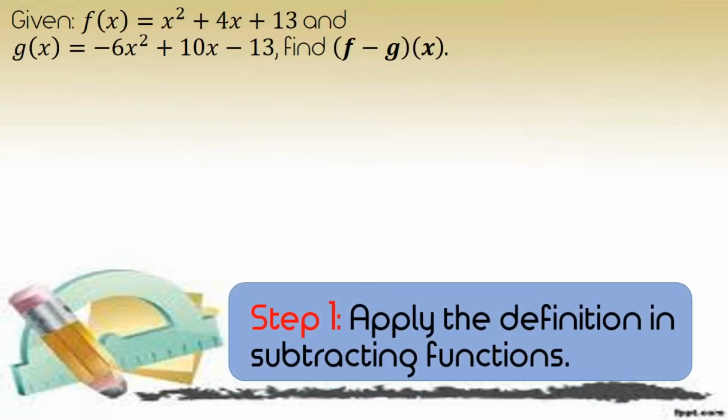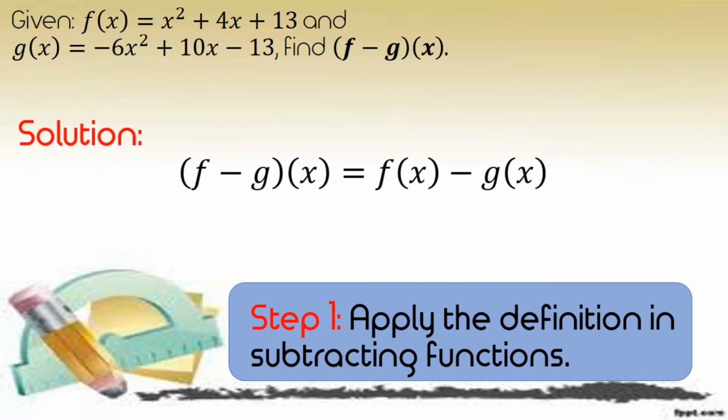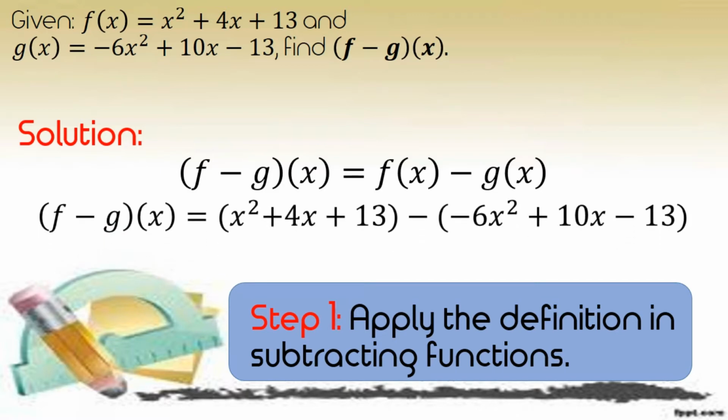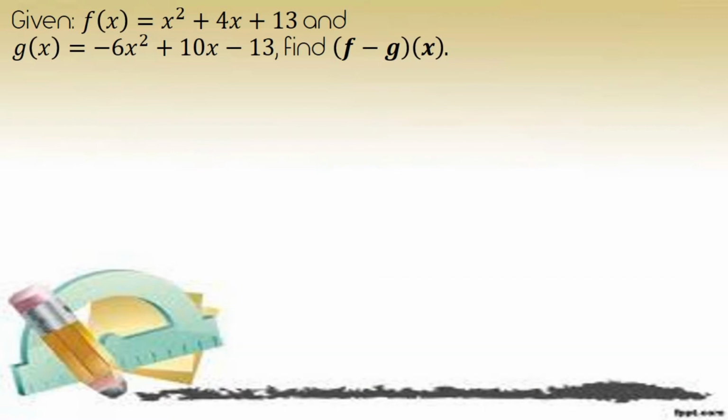For our first step, we're going to apply the definition in subtracting functions, which is f minus g of x is equal to f of x minus g of x. We substitute the given values. We have x squared plus 4x plus 13 minus the quantity negative 6x squared plus 10x minus 13.